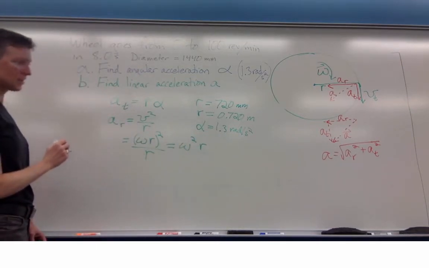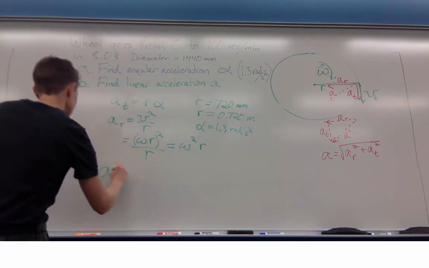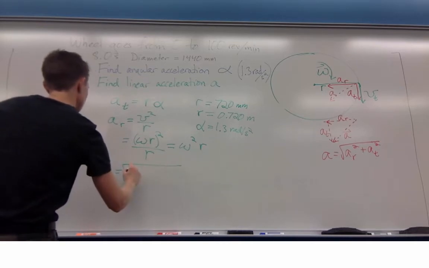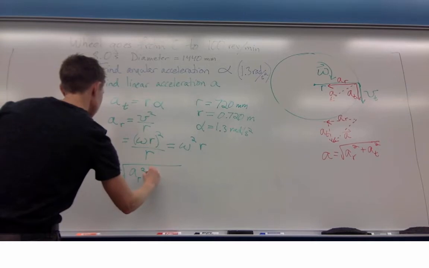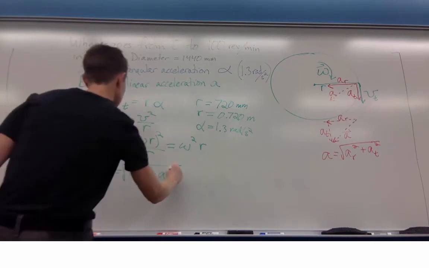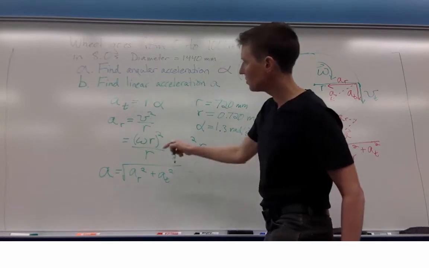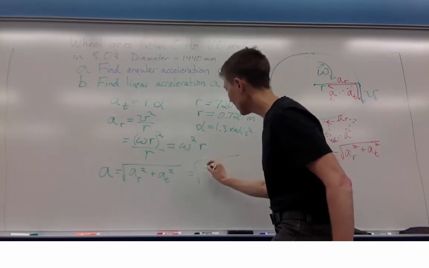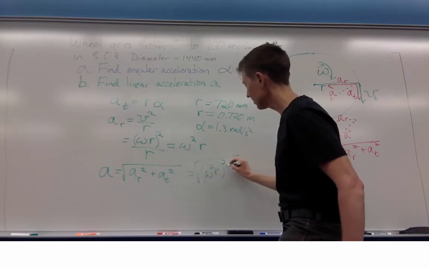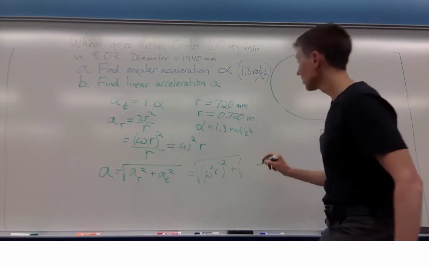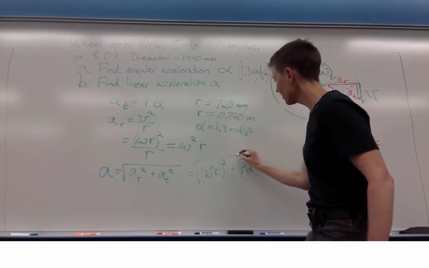Okay, so our radial acceleration is now omega squared times r. This will give us our final acceleration, which is the square root of A r squared plus A t squared. And this is now equal to the square root of omega squared r, squared, plus r alpha, squared.